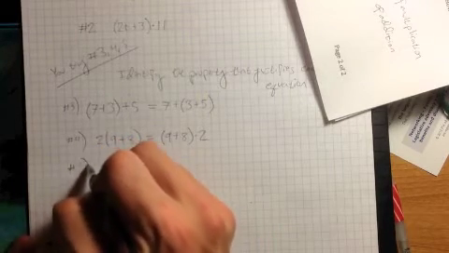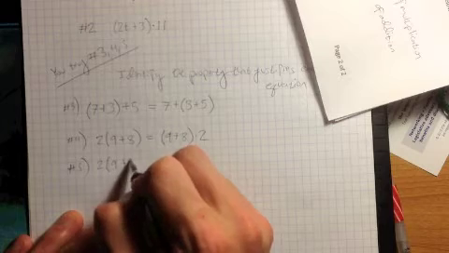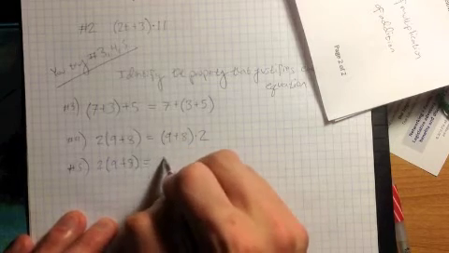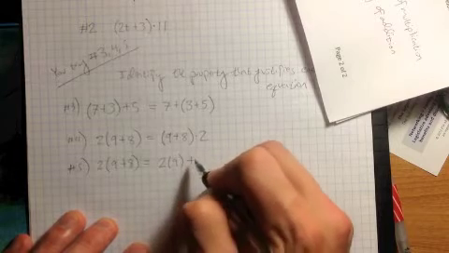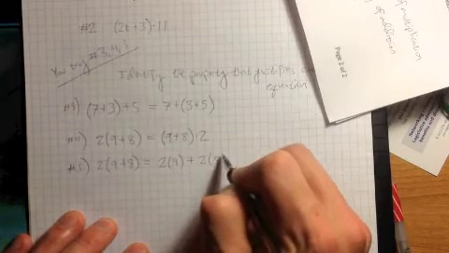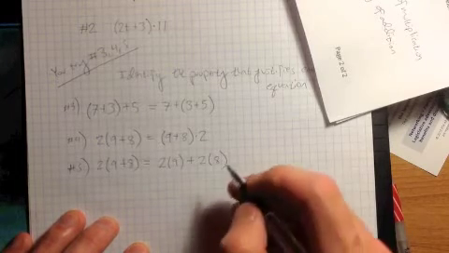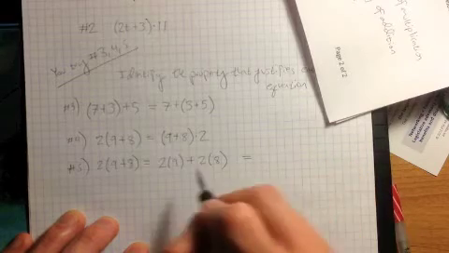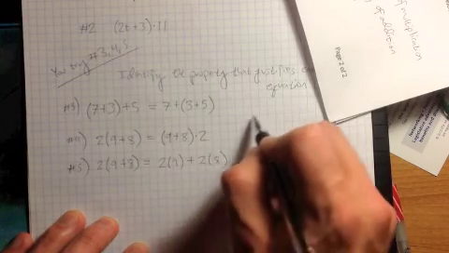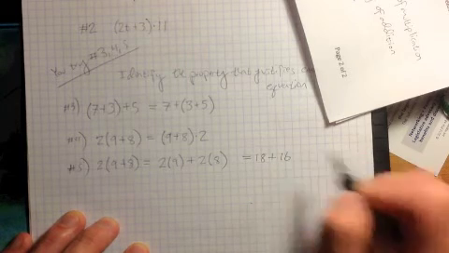And then finally, what property allows me to say that 2 times 9 plus 8, in parentheses, is equal to 2 times 9 plus 2 times 8? Okay, what property allows me to say that? And then why not just add this in? What property allows me to say that this is the same thing as 18 plus 16?